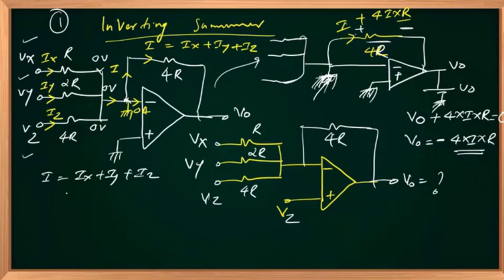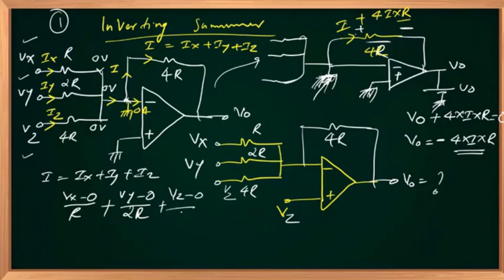So Ix is nothing but Vx minus 0 by R, plus Iy is Vy minus 0 by 2R, plus Vz minus 0 by 4R. That is my current I. Right? It's very simple.